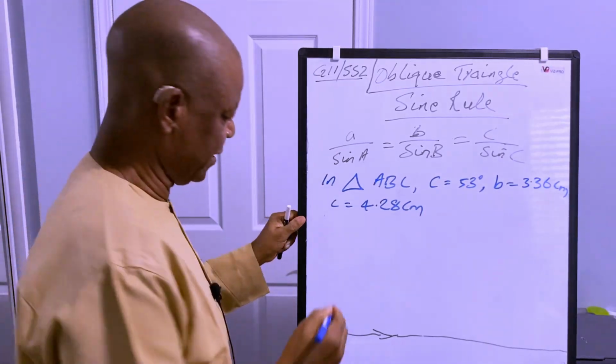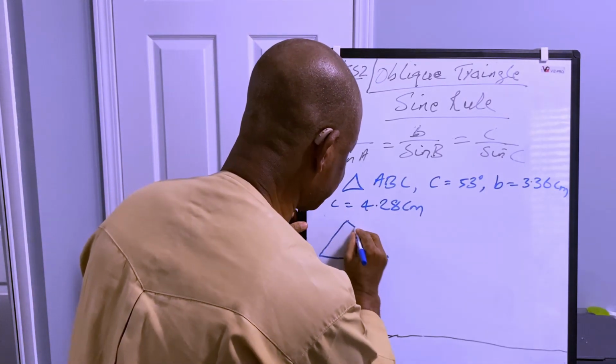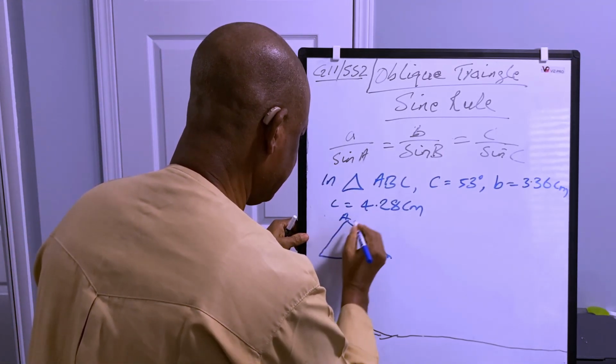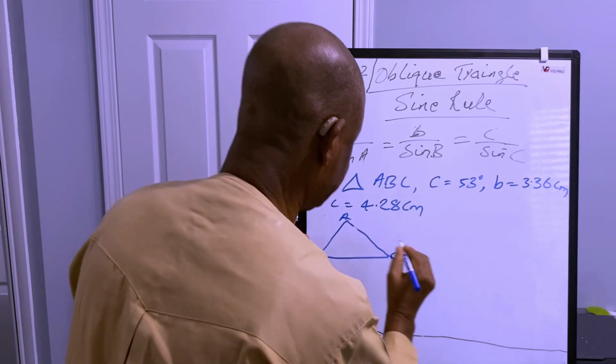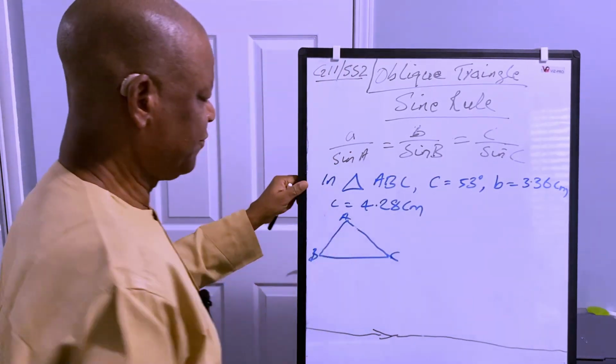In trigonometry, the sketching is very, very important. We sketch the triangle, our A, B, and C. And then we label the information we are given.